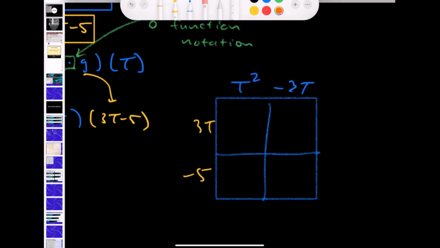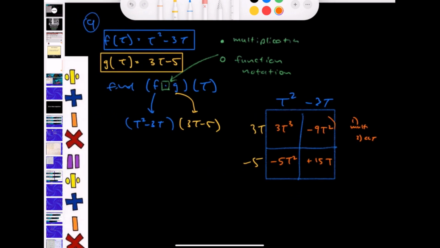So we're going to multiply, and then we're going to combine like terms. 3t to the third, negative 9t squared, minus 5t, plus 15t. These two are like terms, so my answer is going to be 3t cubed minus 14t squared plus 15t.